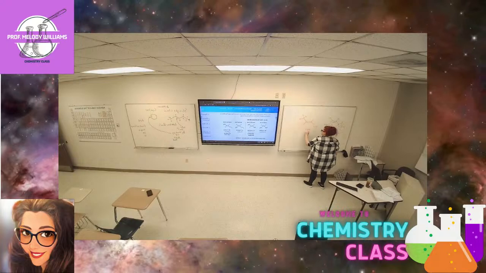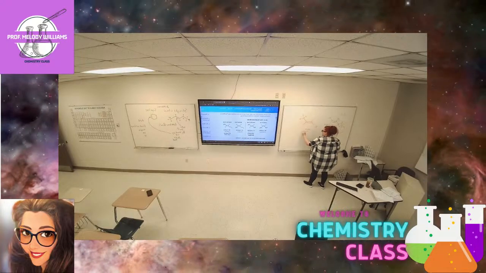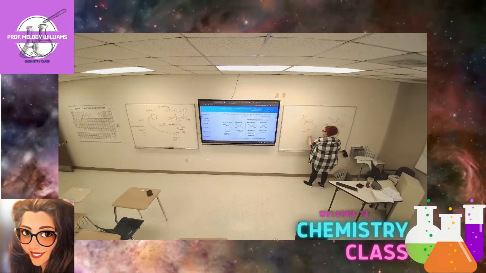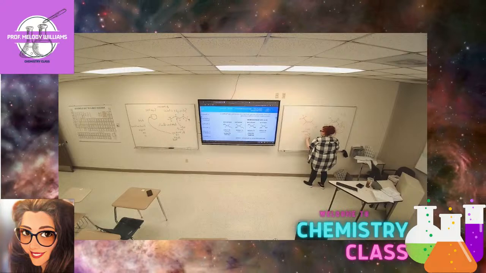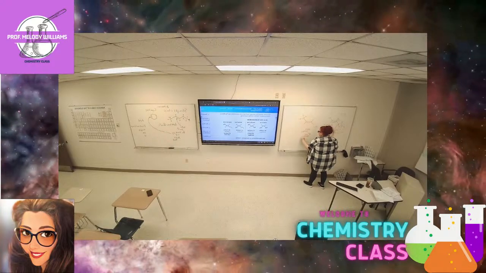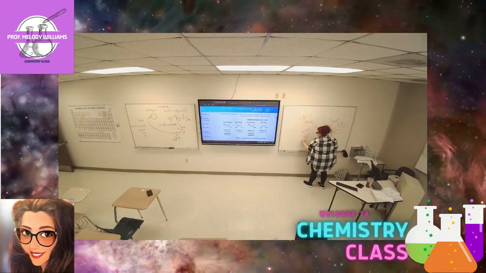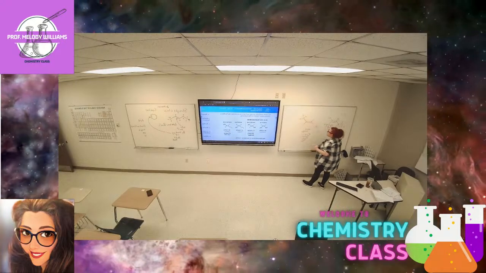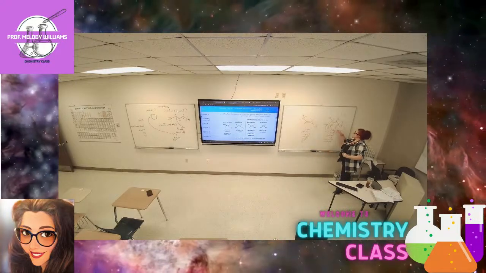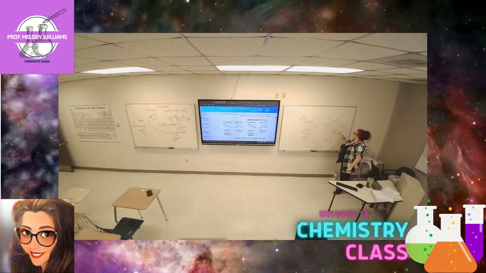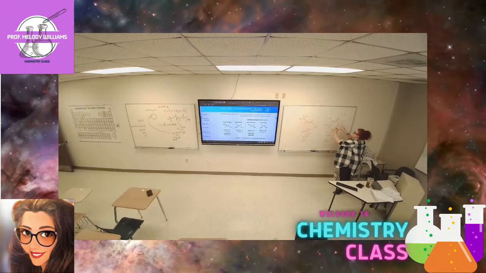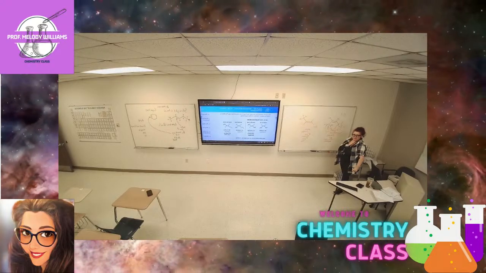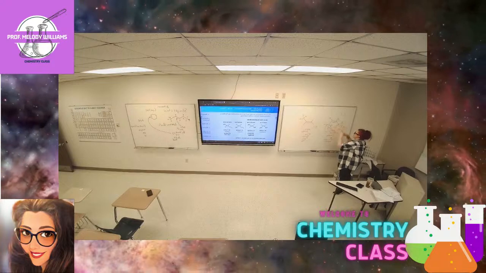More stable because electrons are further from each other. You put a lot of strain on this double bond when you have two groups being on the same side, because those electrons are really close together.